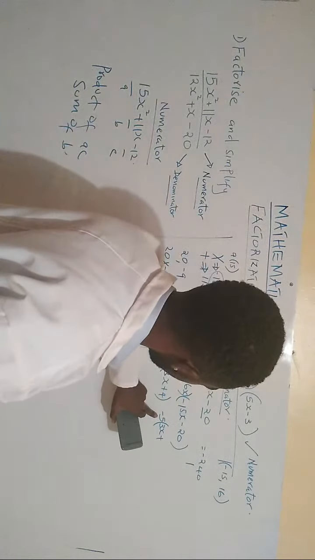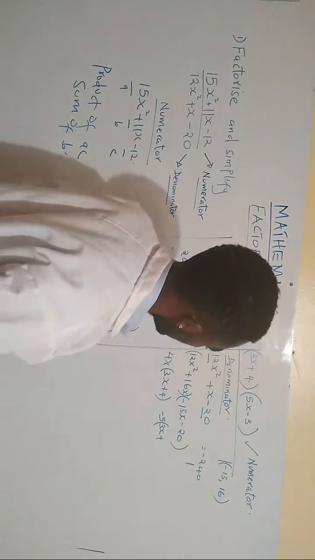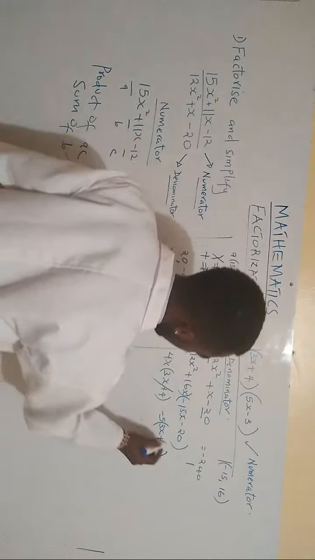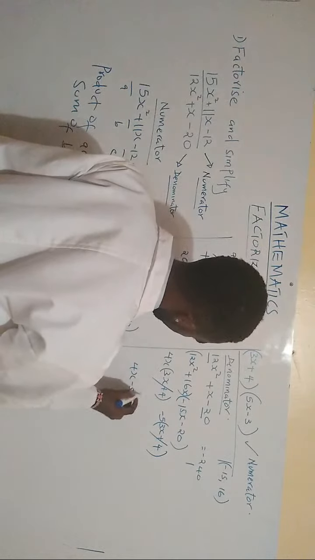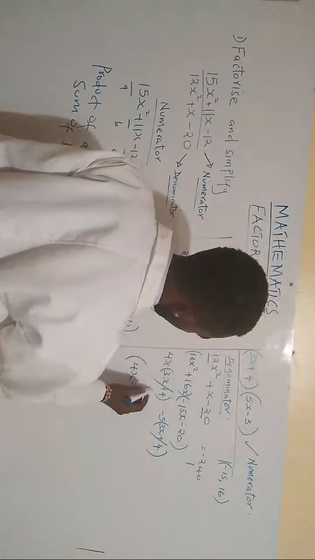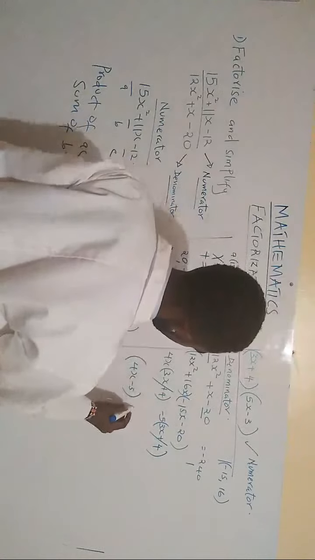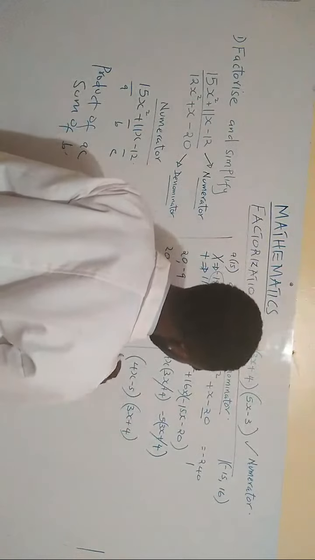If we factor out 5, then this will be 3x plus 4. So this one and that one are the same. This will be 4x minus 5. I pick that one, then we have 3x plus 4.